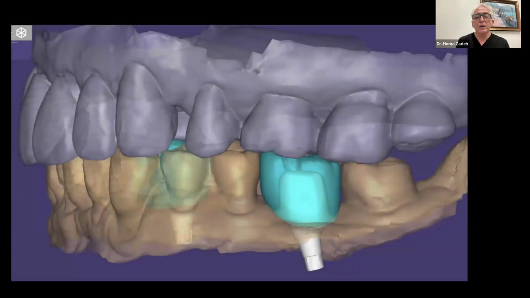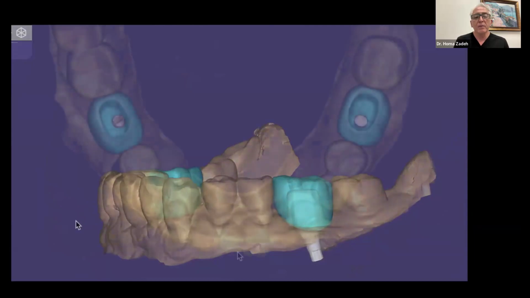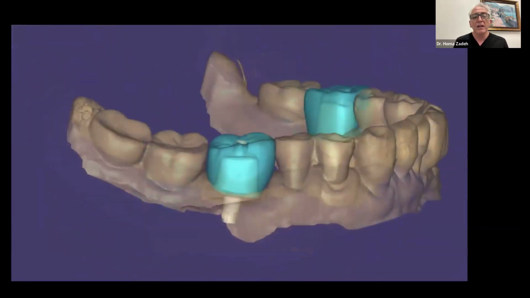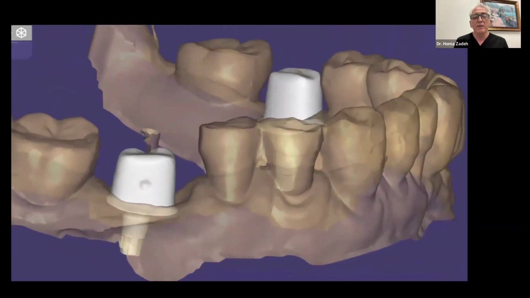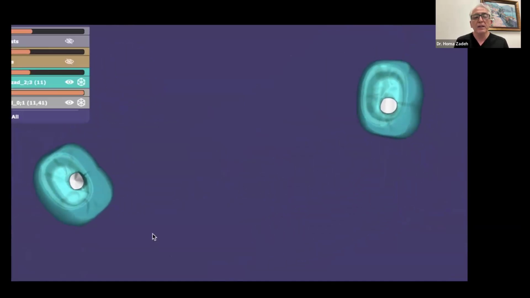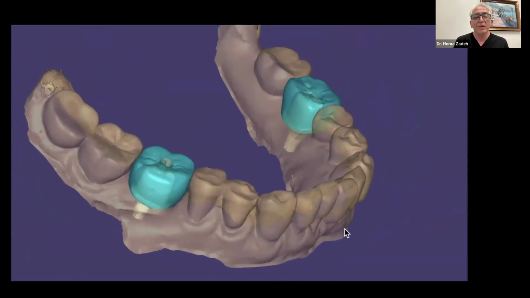Then when it comes to the restoration, I like this kind of a restoration that is screw-retainable. I have this done by Vulcan. You can see that they designed the abutment and the crown, and I would have them as 2 separate pieces: a custom abutment plus a zirconia restoration with a screw access hole.